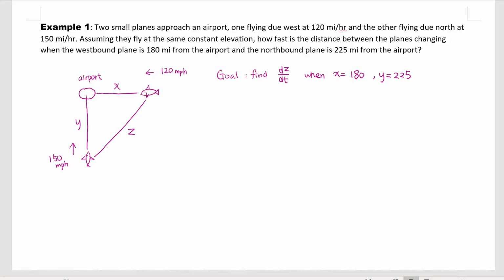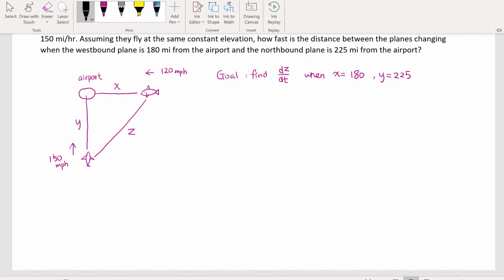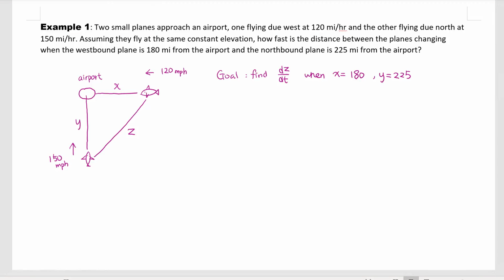Okay, so that is the first step. We draw the picture and then we figure out what the variables are, what the constants are, and what the information in the problem is. Okay, that is the first step.